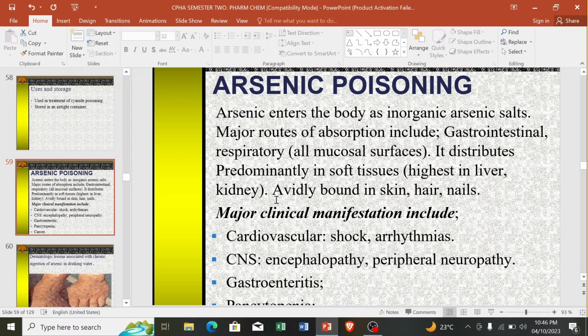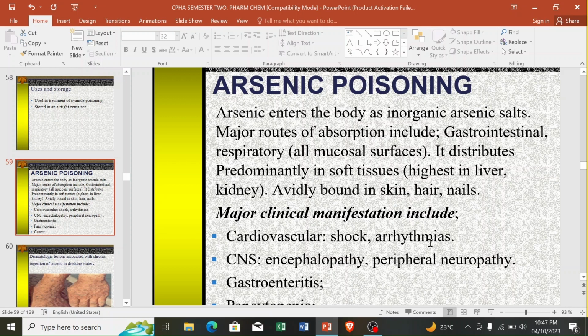Major clinical manifestations include cardiovascular effects. When a person experiences this type of poisoning, we have how it affects the body. In the cardiovascular system, it brings about shock, and then we have arrhythmias, when the rhythm of the heart changes.